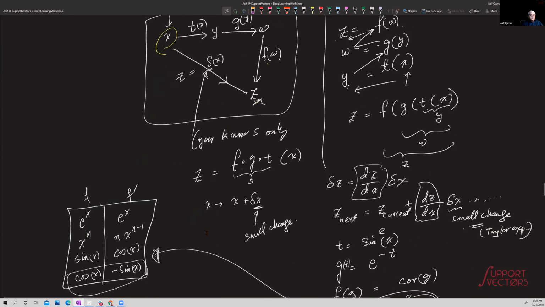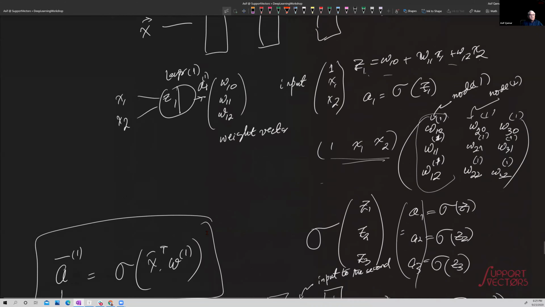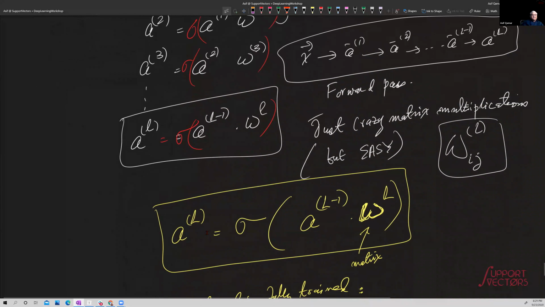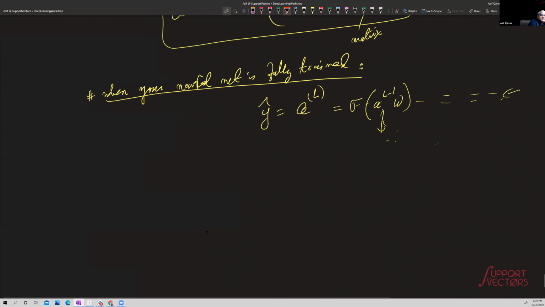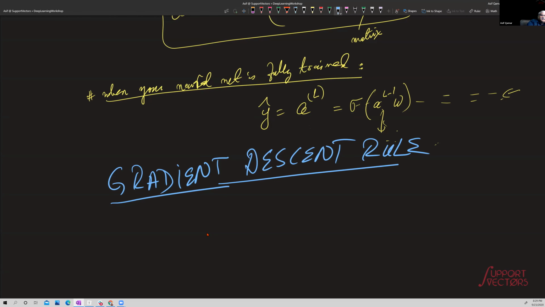So if I want to find out, what do we want to find out? Let's go back to our gradient descent rule. Our gradient descent rule was, just to recap, gradient descent. Now we'll write it with all of these notations. We need the gradient.